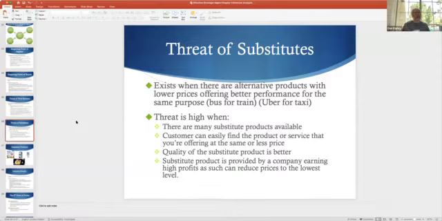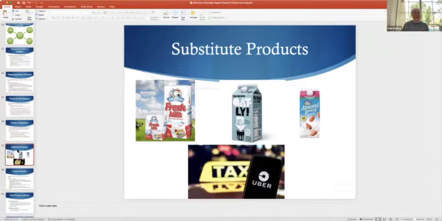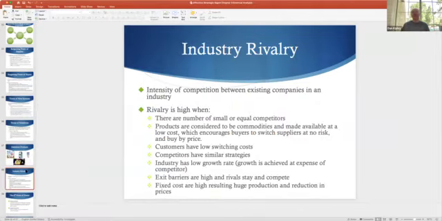Let me give you an example of substitute products. Here's milk, and then we have Oatly and we have Almond Breeze. Those are substitute products to milk. And Uber and Lyft are substitutes to taxis. There's many examples of substitute products that are out there in industry. Those were just a few of them.